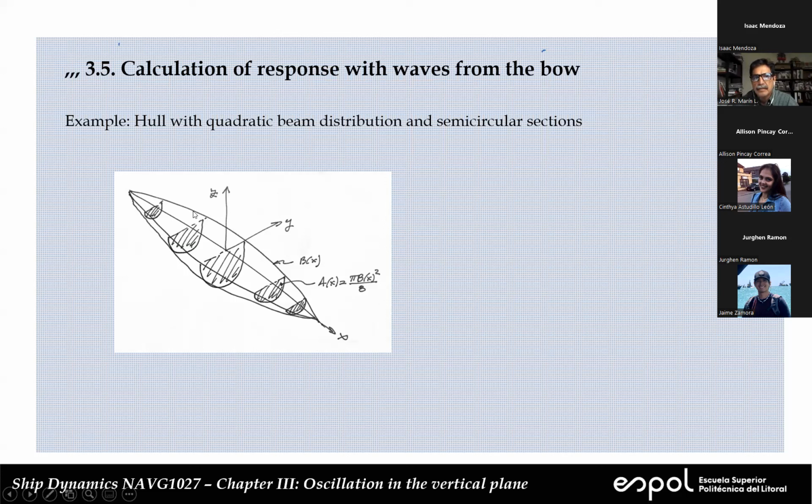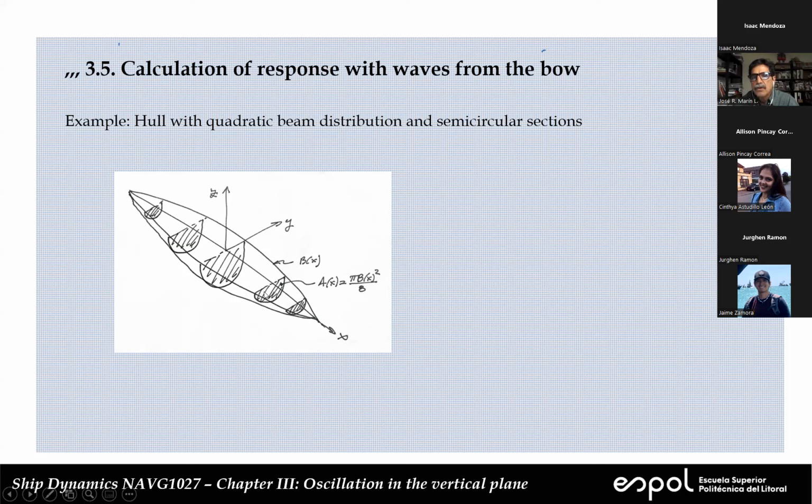Okay, this varies along the length. So we can easily calculate the section coefficient. Okay, so it's going to be this divided by b times the draft, where the beam, I'm sorry, the draft is b divided by 2.